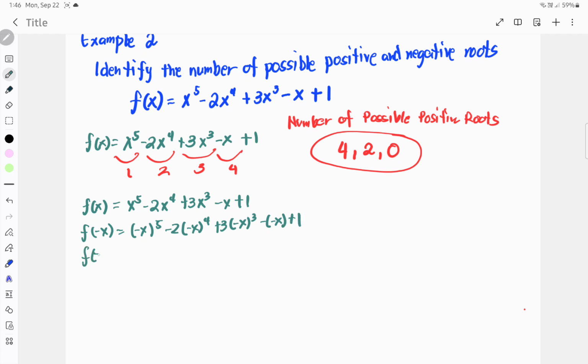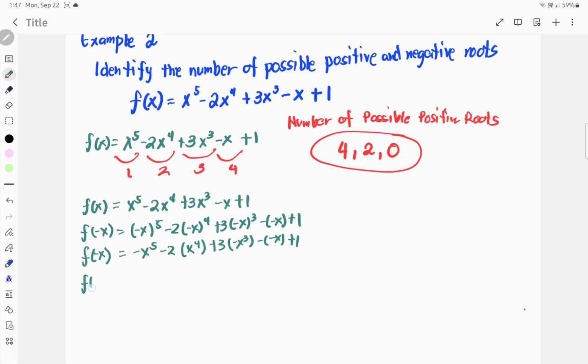Solving that, if it's odd, it would be negative, so that would be negative x to the 5th minus 2. If it's raised to an even power, that would be positive. So plus 3 times negative x cubed minus negative x plus 1.